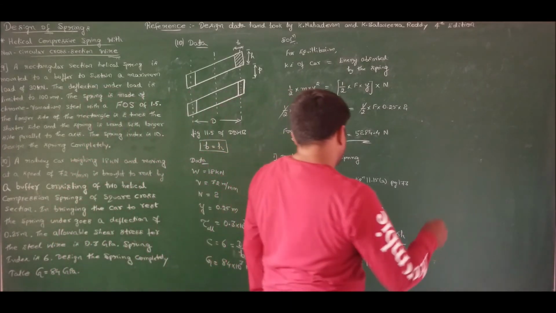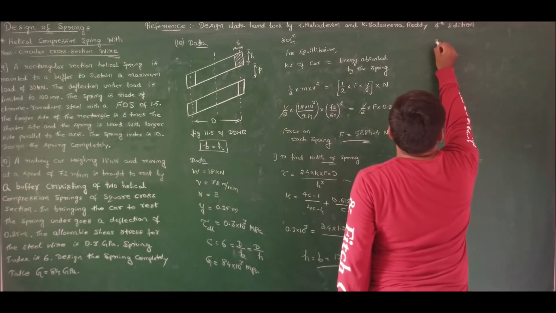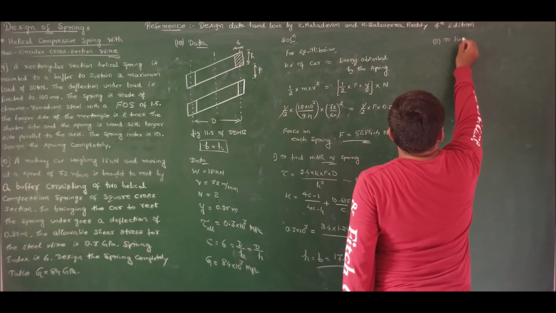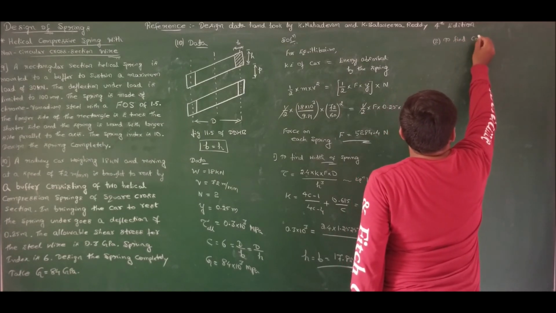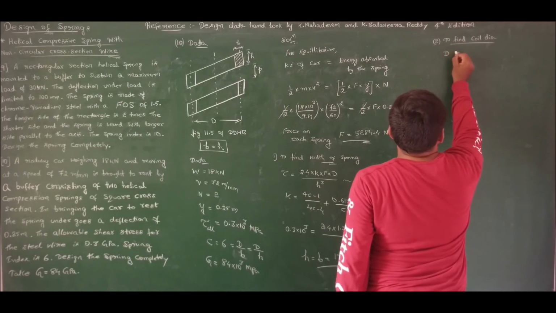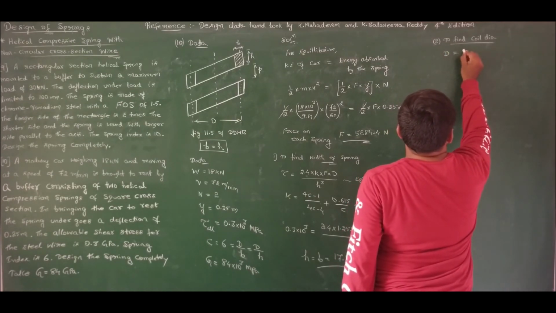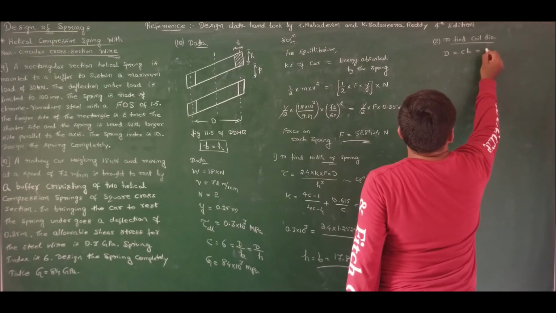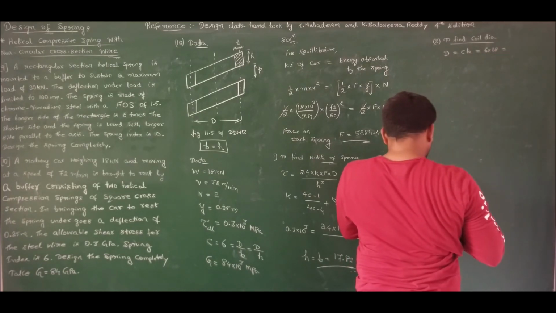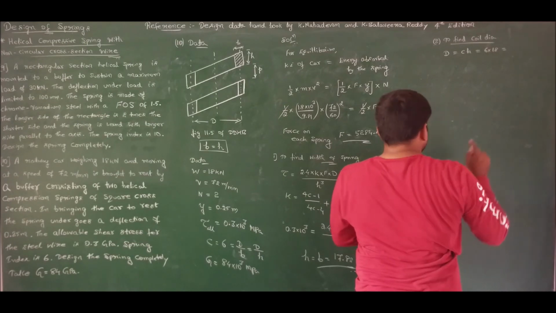Now moving for step 2, that is to find coil diameters. We know that mean diameter capital D is equal to C times H or B, that is 6 into 18, which will be 108.